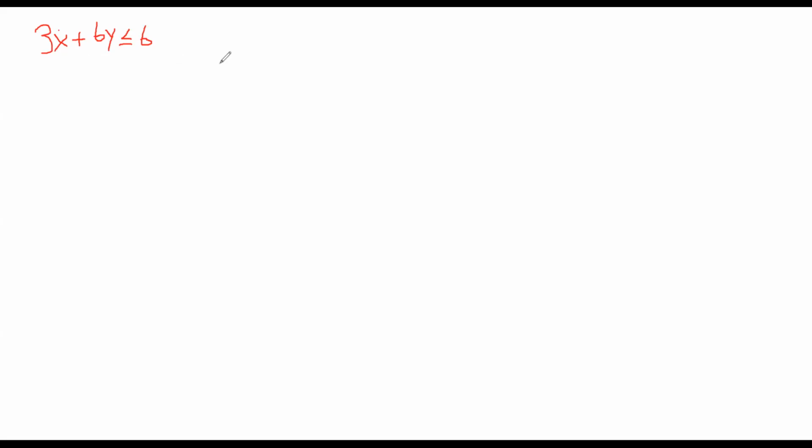And then the second inequality of our system is going to be 5x plus y less than or equal to 10. As you can see there. Let's do each one, and we're going to end up graphing them on the same graph.